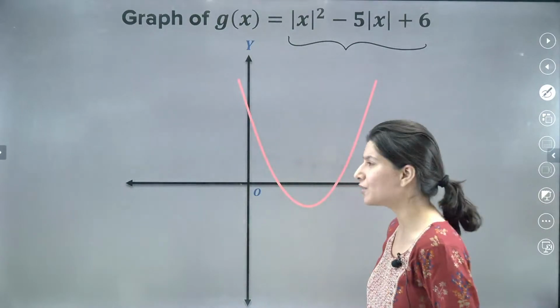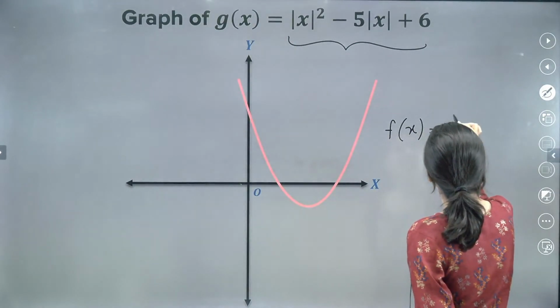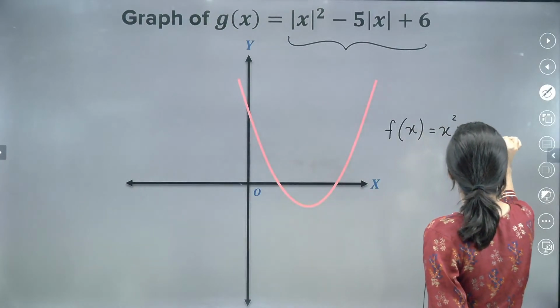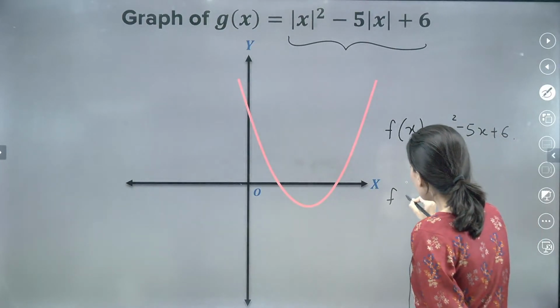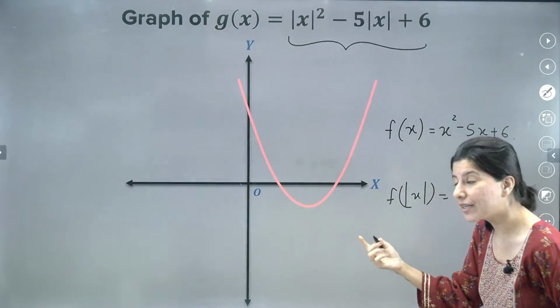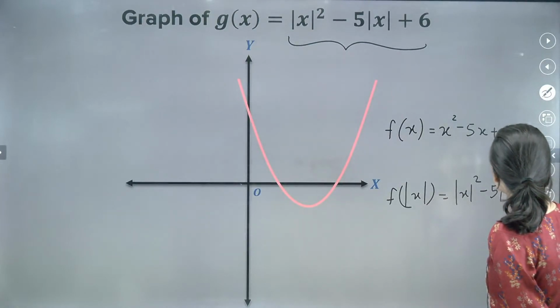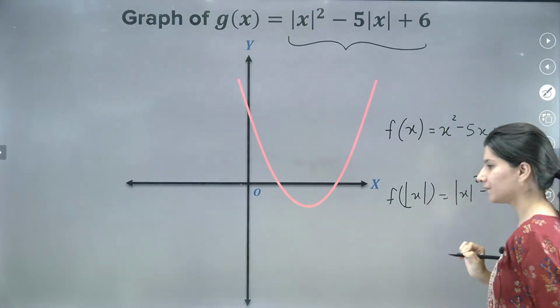How will we do that? First of all, let us take f of x equals x square minus 5x plus 6. So f of mod x will become what? x will be replaced by mod x. So mod of x square minus 5 of mod x plus 6.